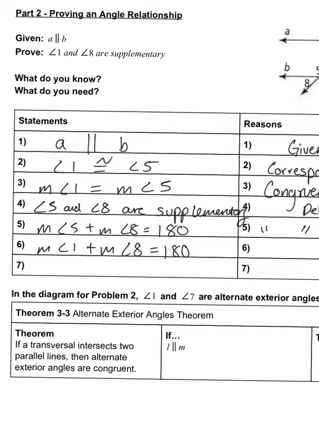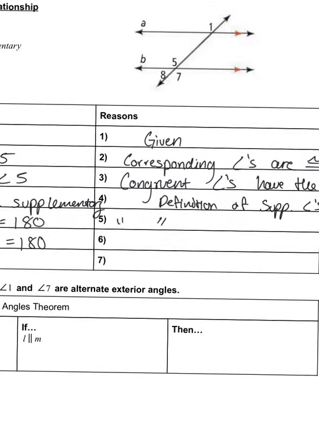So let's say angle 5 is 120. Angle 8 is 60. If 1 and 5 are congruent, then angle 1 has a degree of 120. So we still could add 120 plus 60 and get 180. Okay? And that is what we call the substitution property.